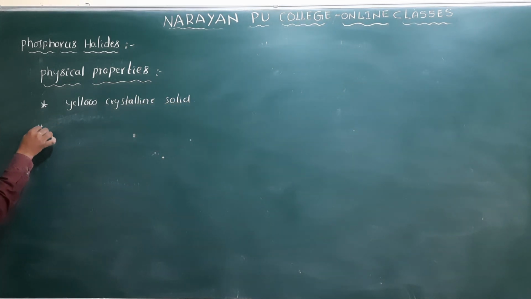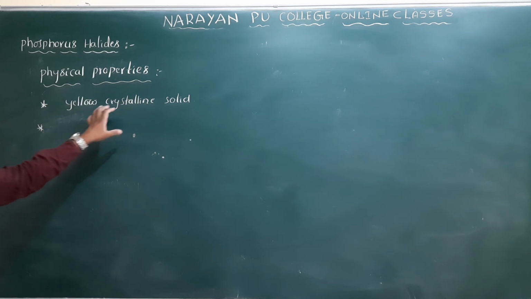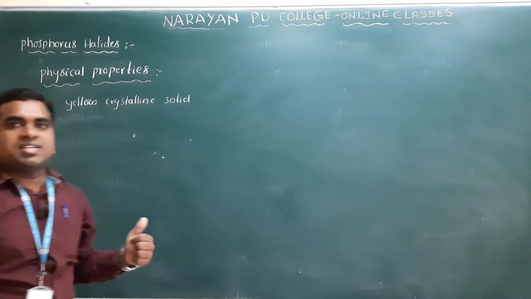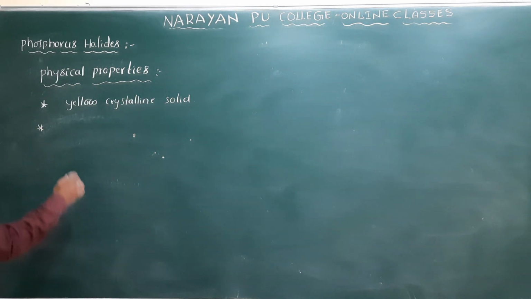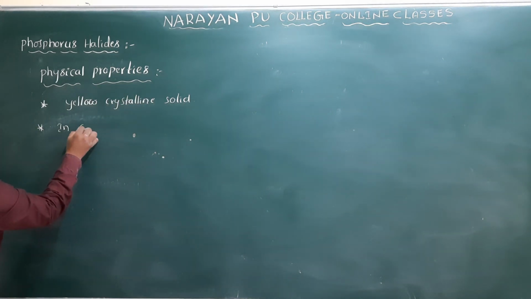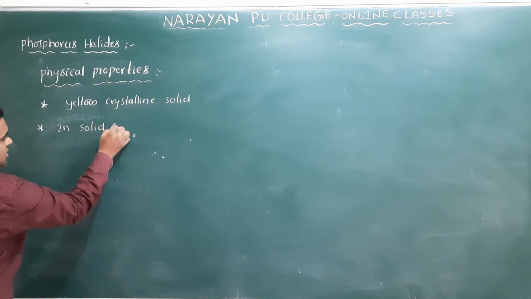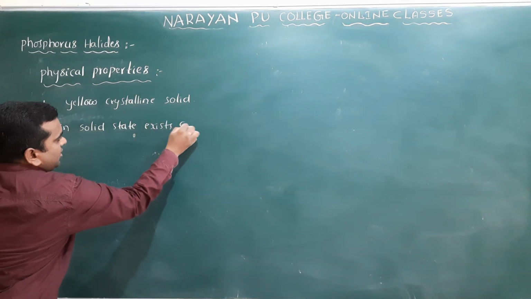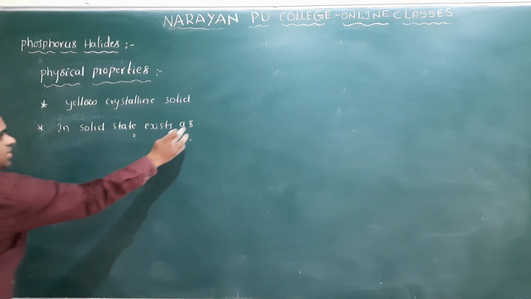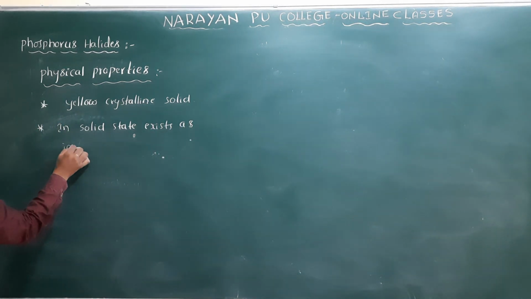And you know that in the solid state it exists as an ionic solid. In the crystalline state or solid state it exists as an ionic solid.